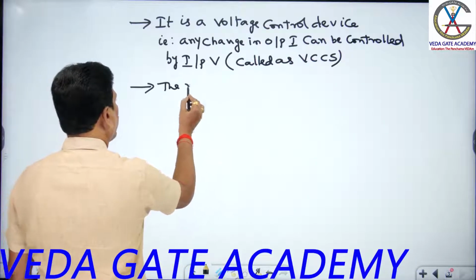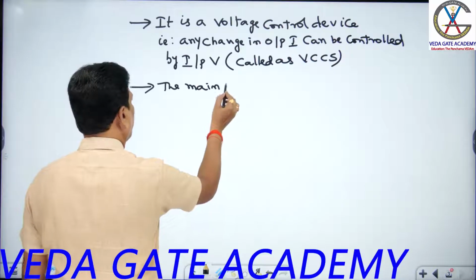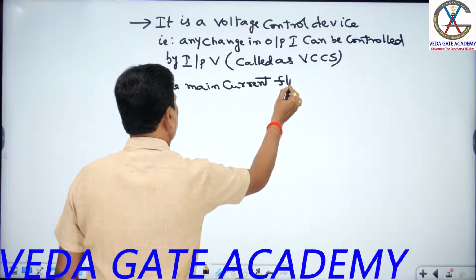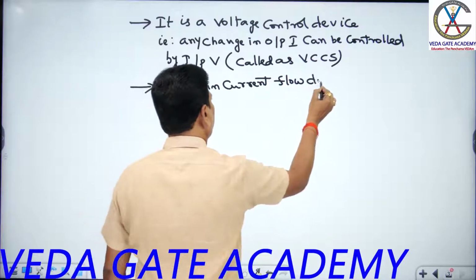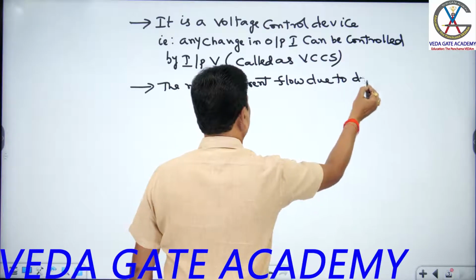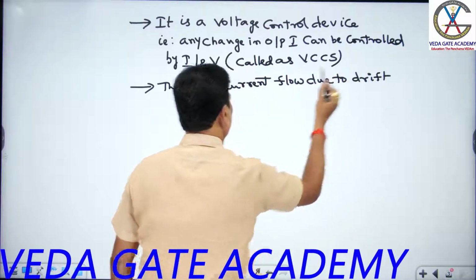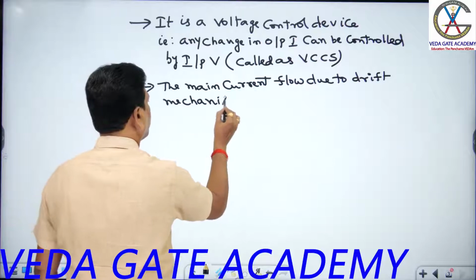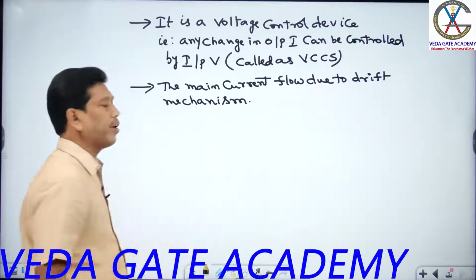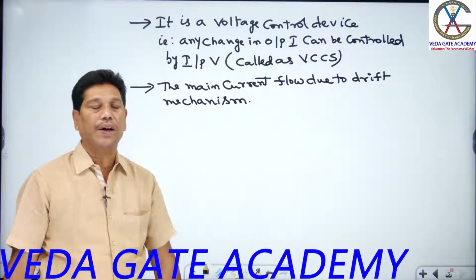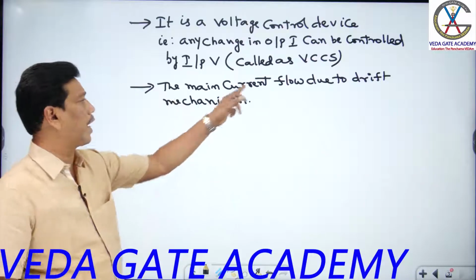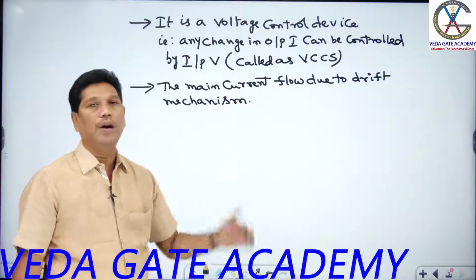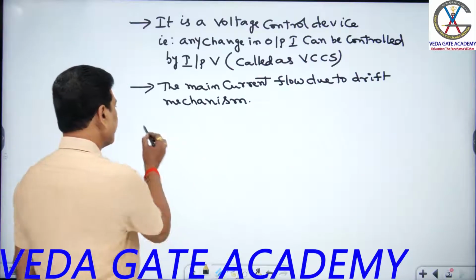The main current flow is due to drift mechanism, students, such that here the electric field is effective to change the conductivity. By that I told that it is called a field effect transistor. So the main current flow is due to drift mechanism, you know.